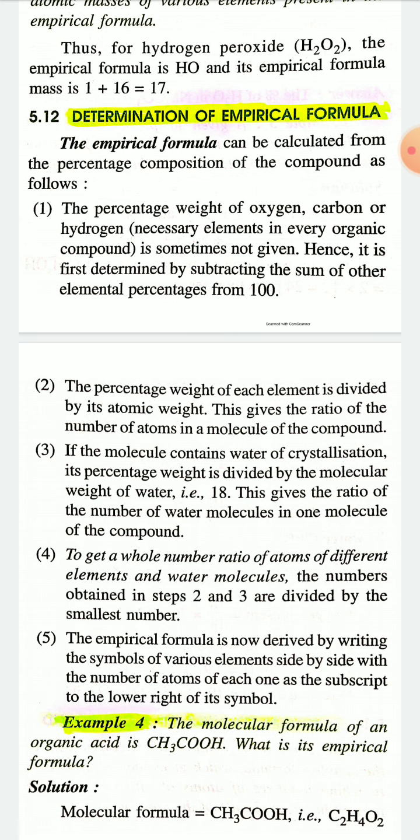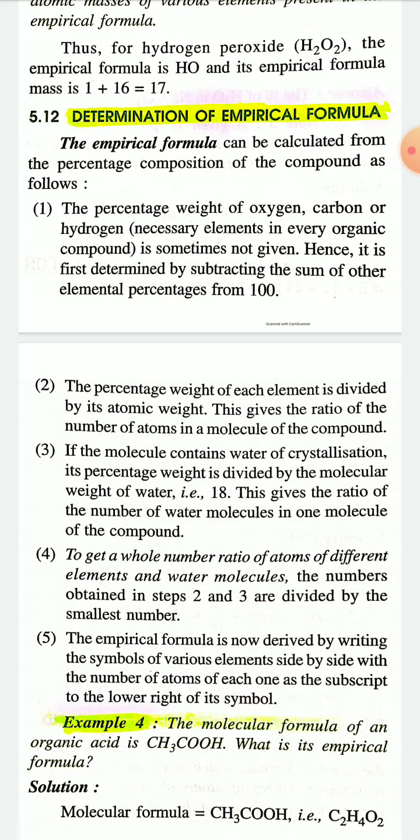And in the fourth step, to get a whole number ratio of atoms. I have told that in the second step you have to calculate the ratio of the number of atoms present in one molecule of the compound by dividing the percentage weight of each element by their respective atomic weight or atomic mass.